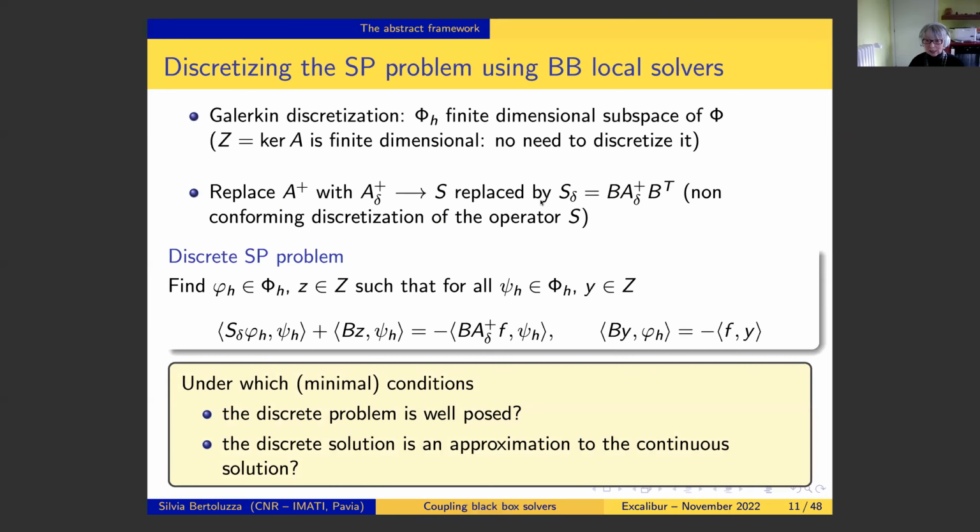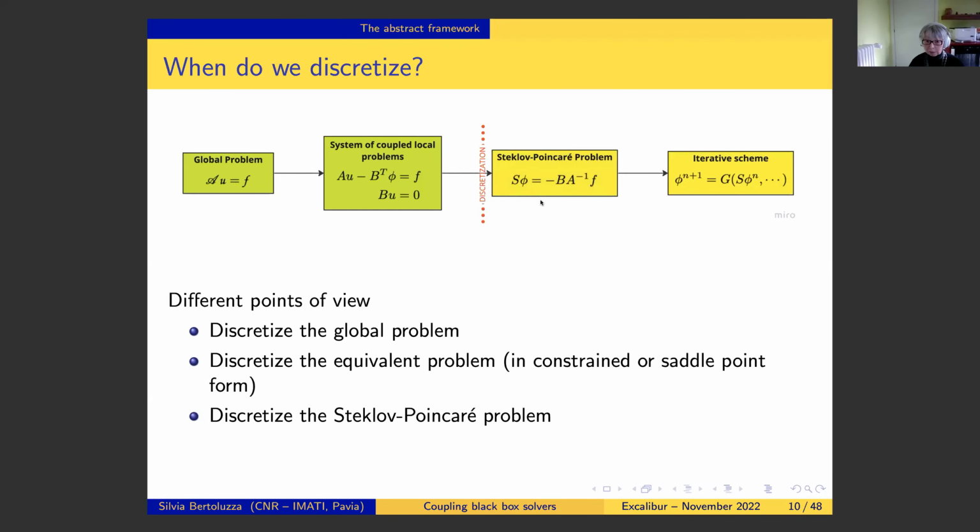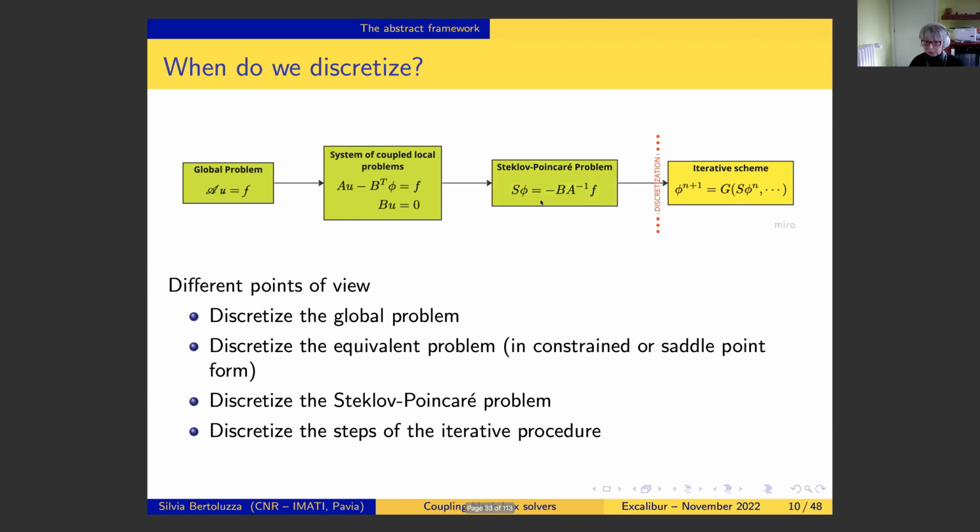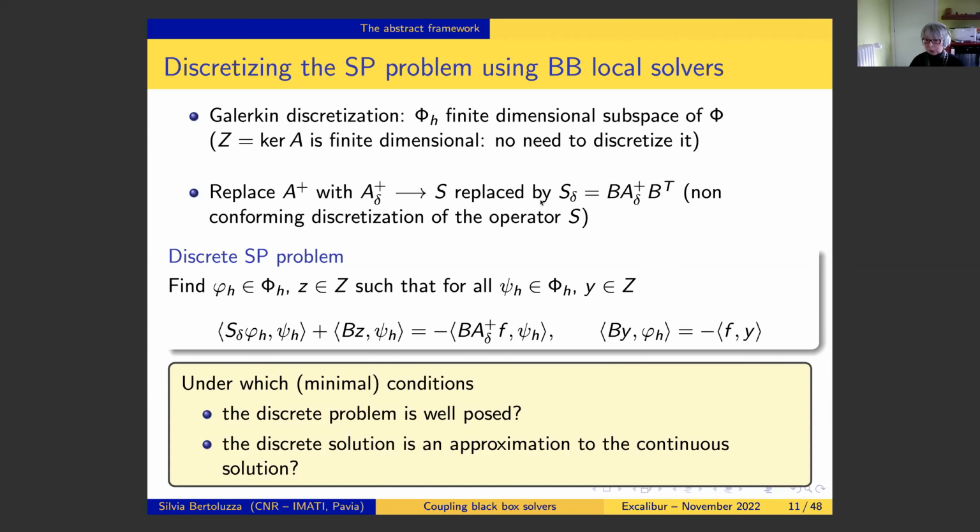So let's think about discretizing the Steklov-Poincaré problem. So I have my Steklov-Poincaré problem, which, as we saw, is a saddle point problem where the primal unknown is the multiplier of my original coupled system, and the multiplier is in the kernel of the operator A. Remark that the kernel of the operator A is finite dimensional, so I do not need to discretize it. I look for a Galerkin type discretization, so I introduce a finite dimensional subspace of my multiplier space phi.